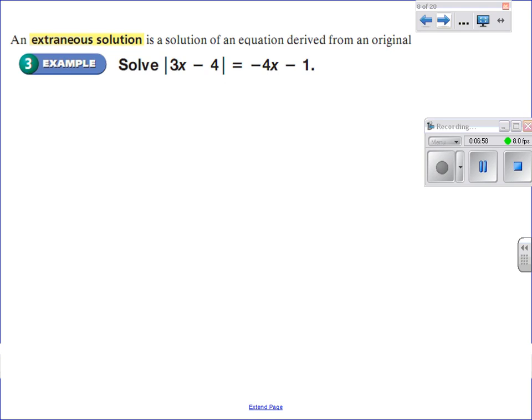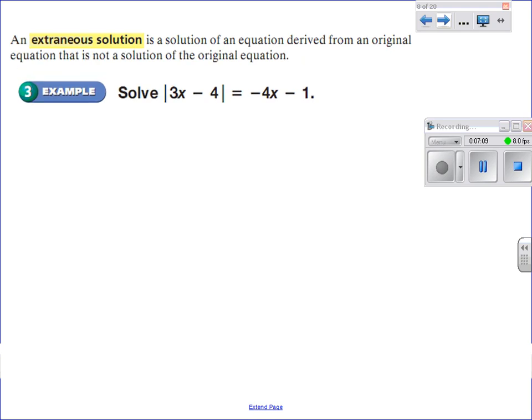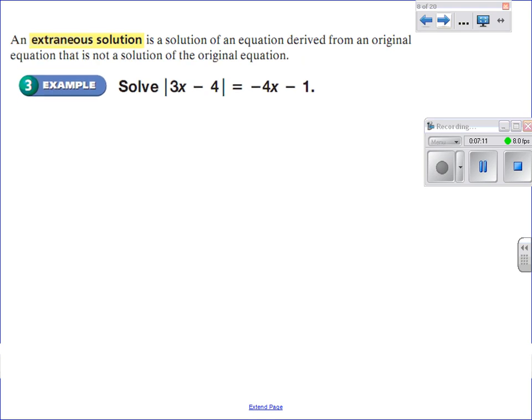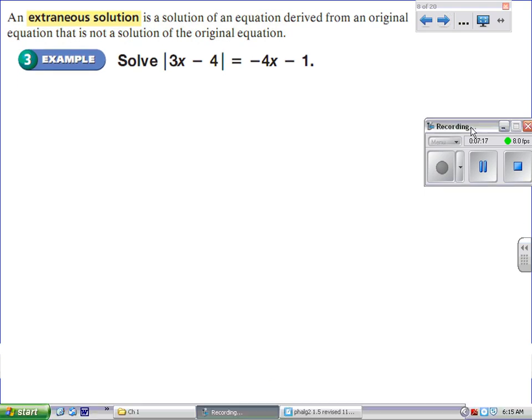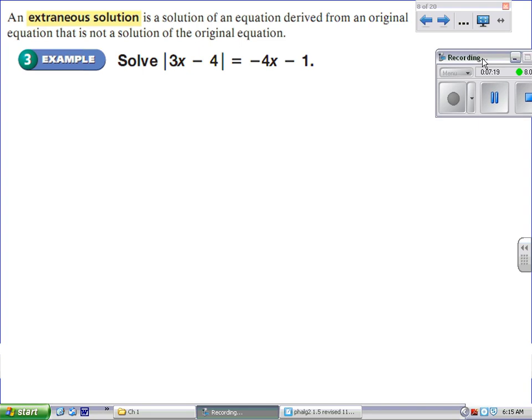An extraneous solution is a solution that you did all the math right. It's derived from the original equation, but it doesn't work. It doesn't actually create a solution. So that's what an extraneous solution is by definition. Hopefully, I think you saw that a few times in algebra, but you'll see that more this year.